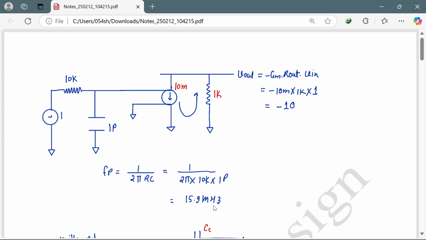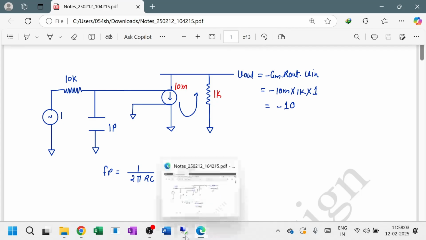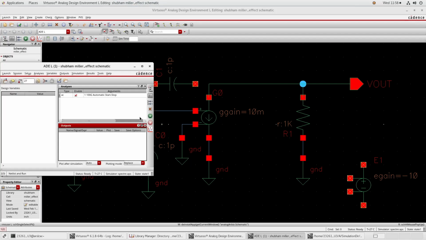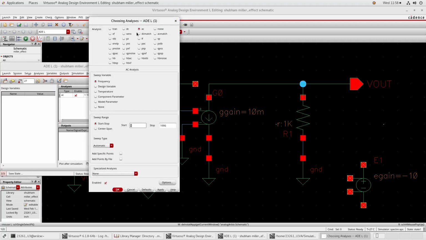So let's simulate that schematic and check whether it's matching or not. Now go to launch ADL. Go to the analysis and then choose AC analysis, sweep variable frequency, sweep from 1 Hz to 100 gigahertz.